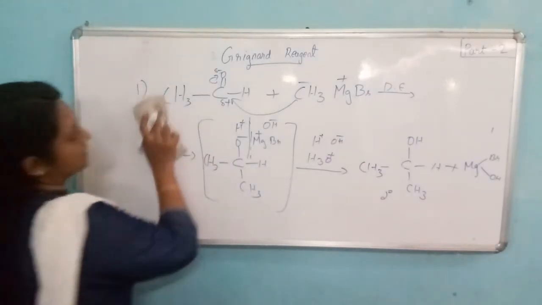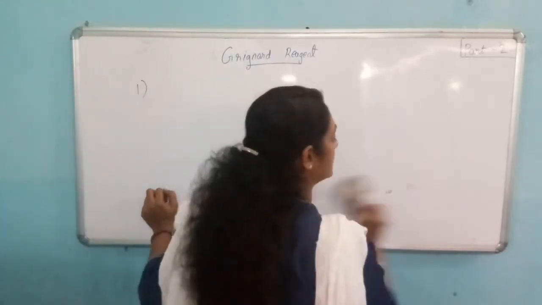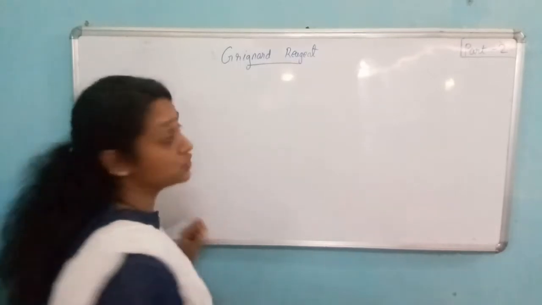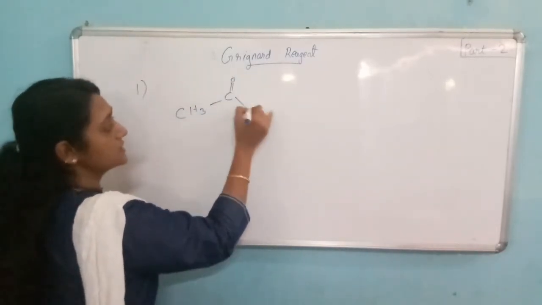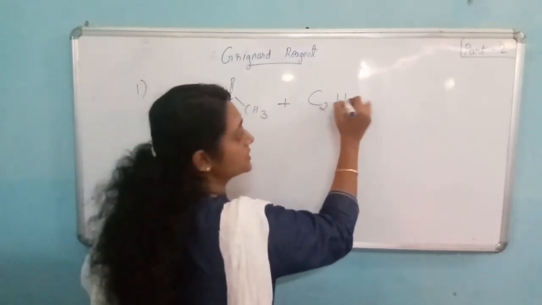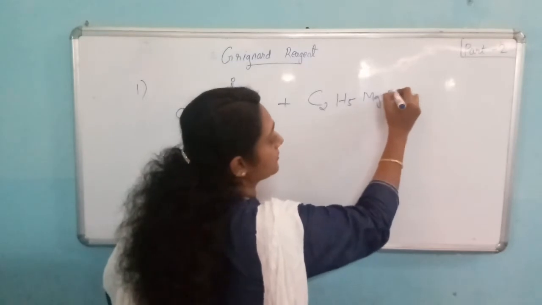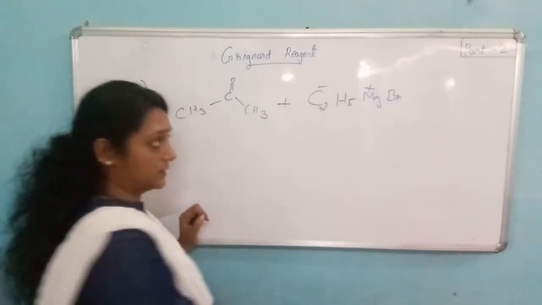And next we take ketone, reaction of Grignard reagent with ketone. A simple example: CH3, C double bond O, CH3, when treated with Grignard reagent, for example C2H5 MgBr. Mg is having a plus sign, C2H5 a negative sign.